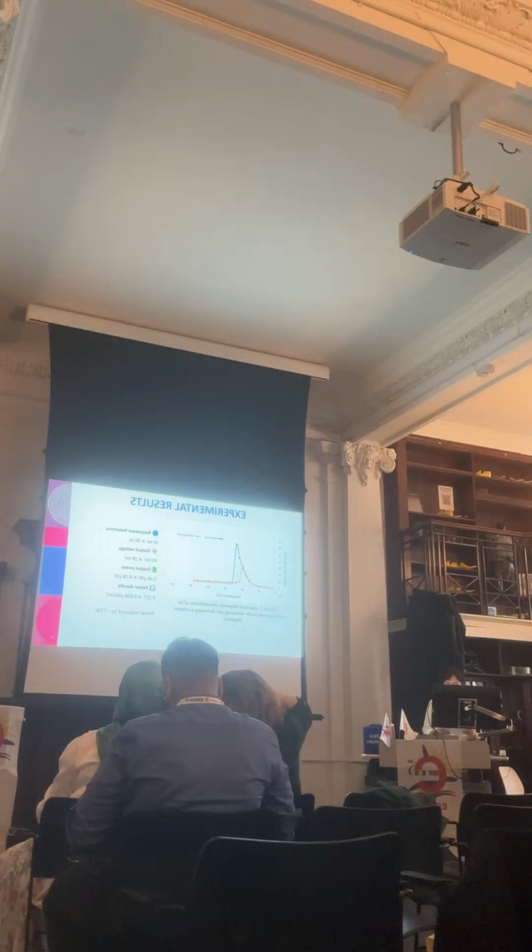This slide shows the main experimental results. During the sweep-up experiment, the resonance frequency was observed at 24 Hz, and the maximum output voltage reached 59 millivolts.